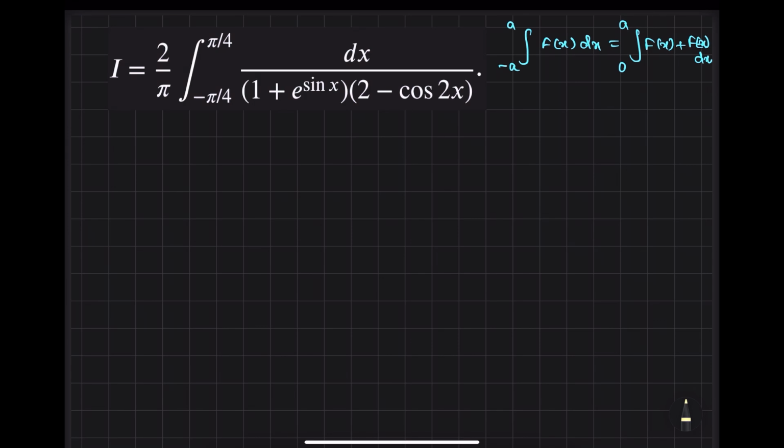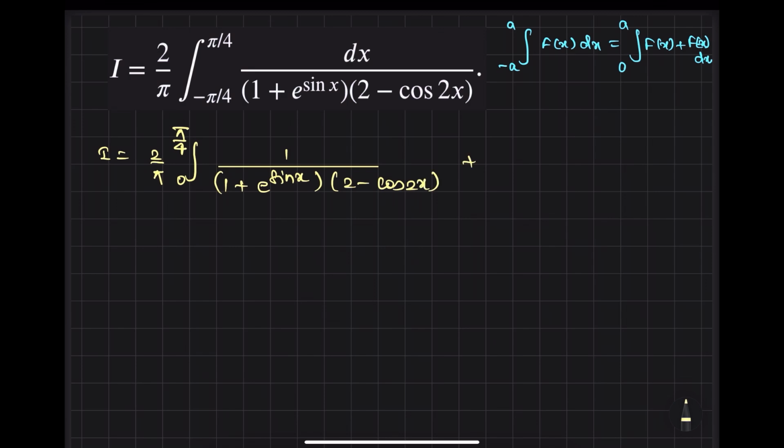So we will have I equals 2 by pi integration from 0 to pi by 4, and then on the numerator we have 1 only, 1 plus e power sin x and then 2 minus cos 2x, plus, now we have to replace x with minus x.